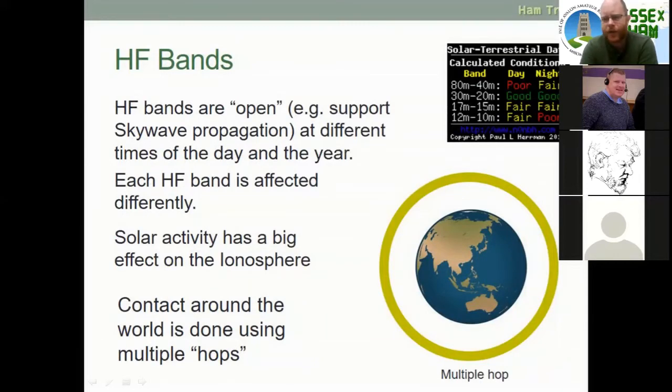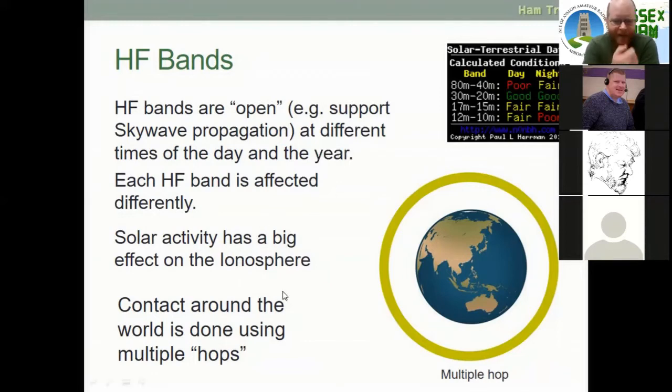Lots of amateurs have them on their websites. They're also on some of the more official websites, and it just tells you how well each band is going to perform during that 24-hour period. Some of these can get a little bit more complicated than just this, but this is quite a basic one.